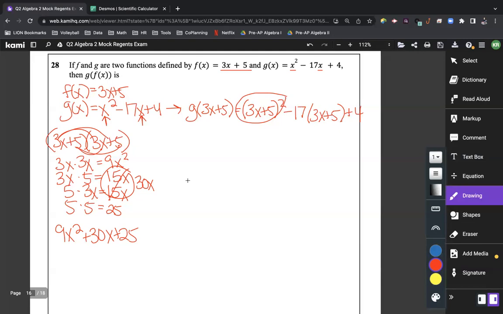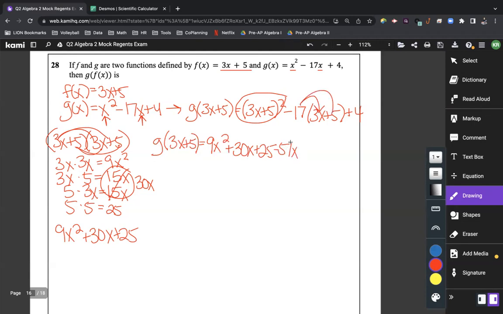So here, if I do this, I'm going to add it in. Just to give myself space, g of 3x plus 5 equals 9x squared plus 30x plus 25 minus, negative 17 times 3x is negative 51x.